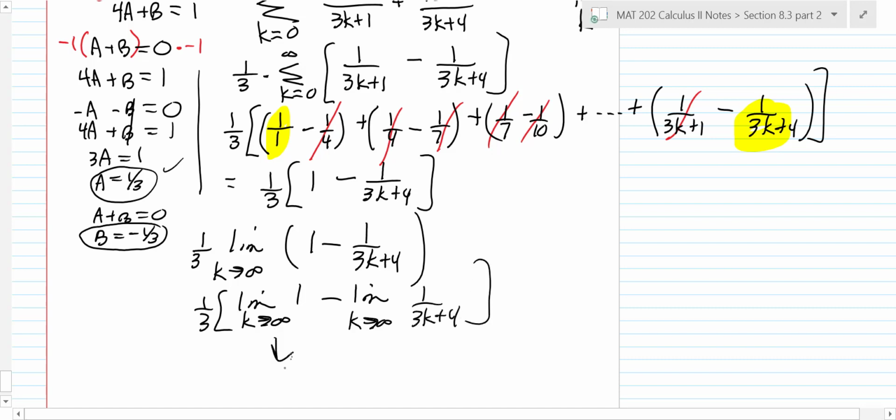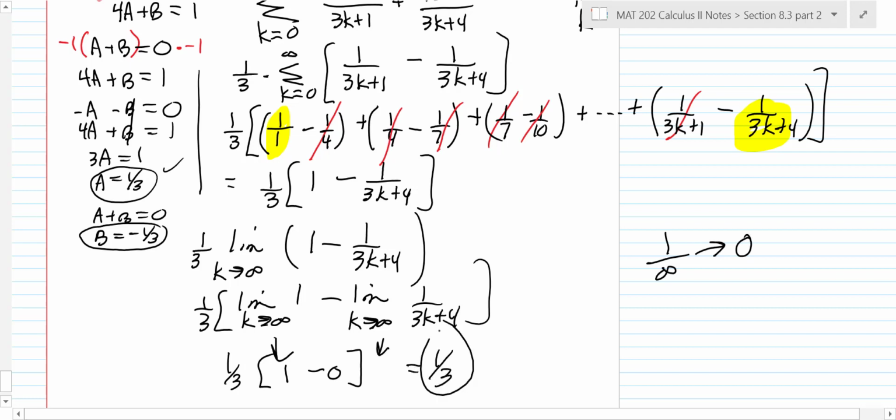Well, that limit's 1, but what's 1 over 3k plus 4? That's really 1 over infinity, so what's that? 0. So you have 1 minus 0 times 1/3, so that's going to give you a value of 1/3 like that then.